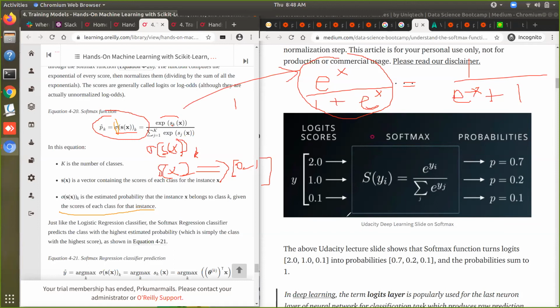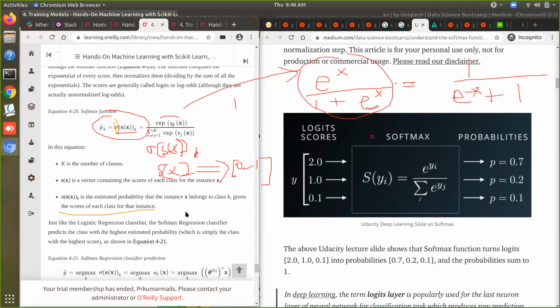But that is the point, right? The 0th term is missing. The summation is from j equals 1 to k. Yes, but in this case we have two classes, j equals 1 and j equals 2. The j equals 1 corresponds to the 0 class, and j equals 2 corresponds to the 1 class. That's how you would apply this equation to the 2-class problem, and so there is a 1 in the denominator.